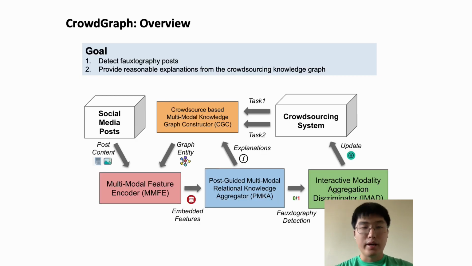To solve the above challenges, we propose CrowdGraph. The goal of CrowdGraph is twofold. The first is to detect Fauxtography posts, and the second is to provide reasonable explanations. We show the overall structure of CrowdGraph here, and we'll talk about it one by one.